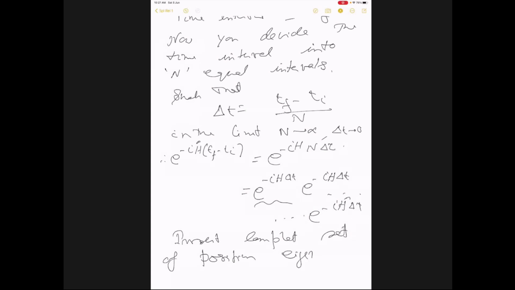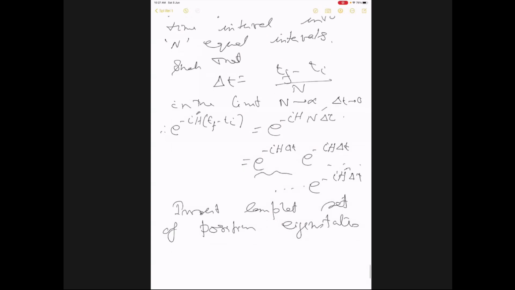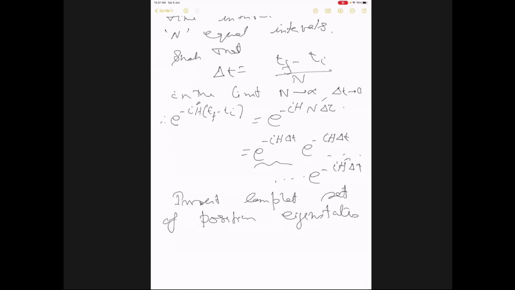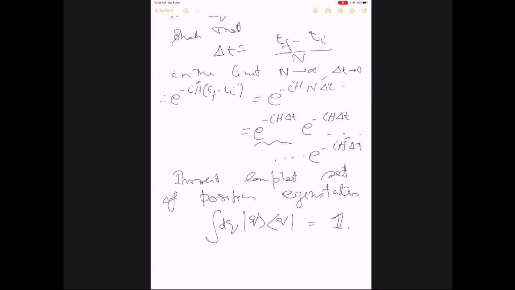You know that the eigenstates of any Hermitian operator form a complete set, and position is a Hermitian operator, so they serve as my basis and are a complete set. Complete set means normally, if it's discrete, a summation over i equal to 1. For a continuum, it is basically equal to the identity matrix. So I can assume that in each of these small time intervals there is an identity matrix, and therefore I can insert it everywhere.